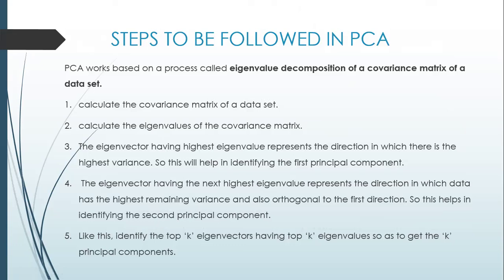Third, the eigenvector having the highest eigenvalue represents the direction in which there is the highest variance. Fourth, the eigenvector having the next highest eigenvalue represents the direction in which data has the highest remaining variance, and all the principal components should be orthogonal in nature.